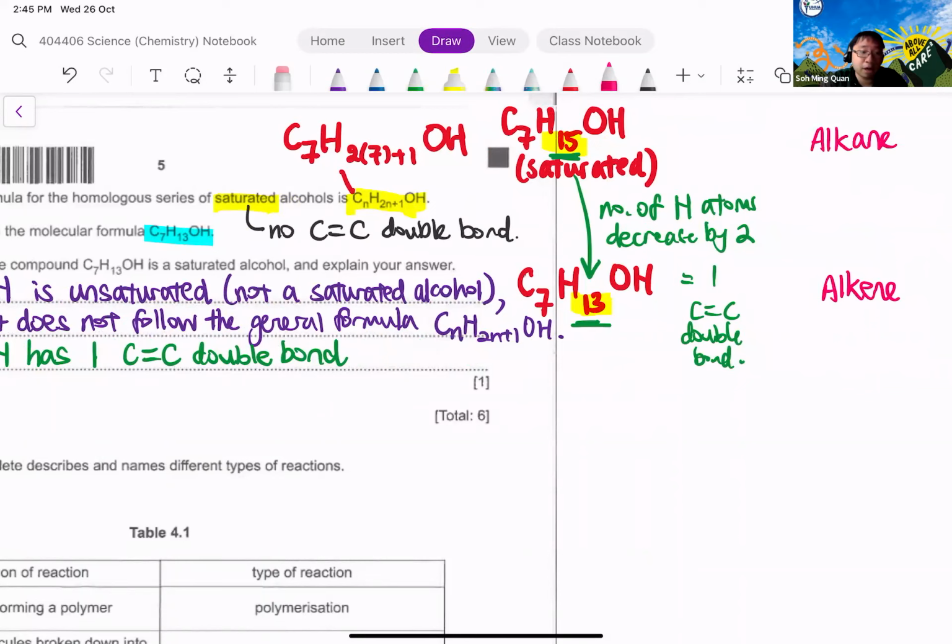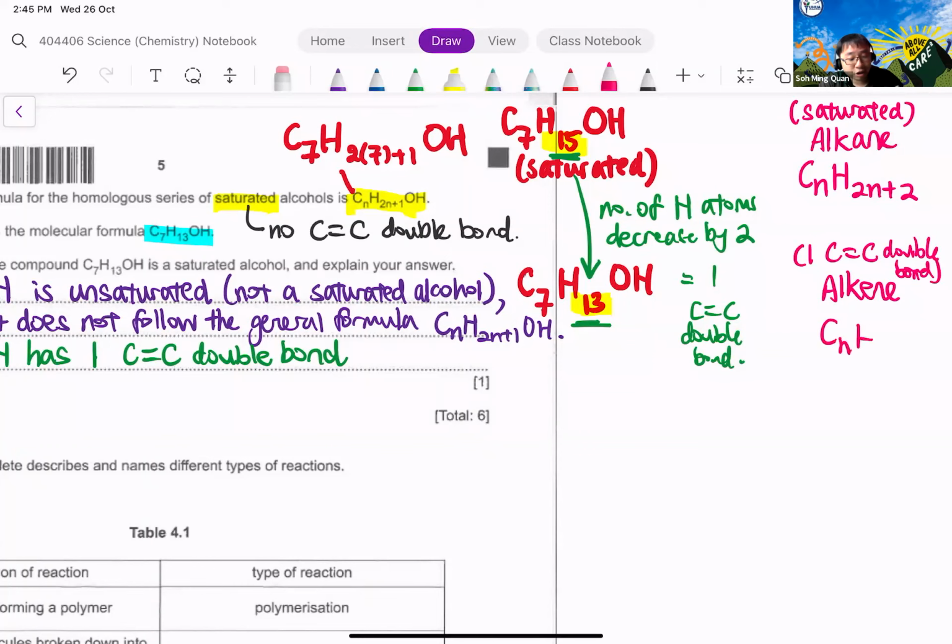The general formula for alkane is CnH2n+2. Alkane is saturated. It doesn't have a carbon-carbon double bond. How about alkene? Alkenes have 1 carbon-carbon double bond, right? That's what you have learned. What's the general formula for alkenes?